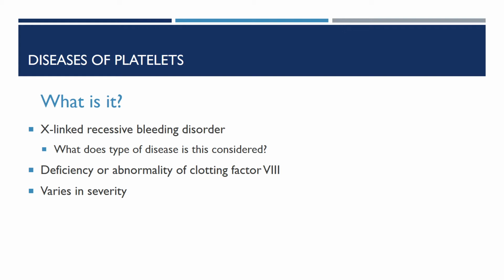So hemophilia A is the first platelet disorder that we're going to talk about. Hemophilia A is an X-linked disorder. It's passed down through the X chromosome. So men get it. It's a recessive allele, and so you need two copies if it's a normal autosomal pair.